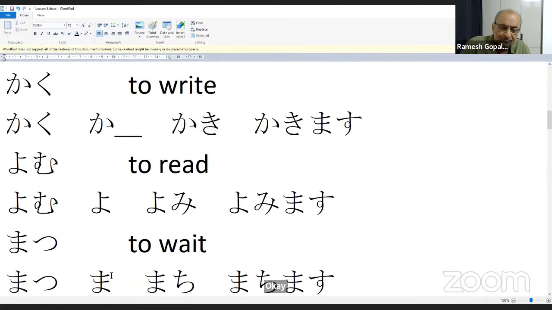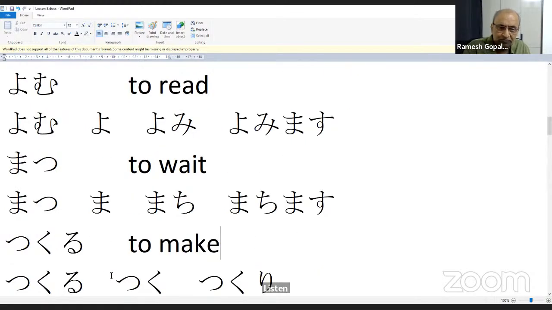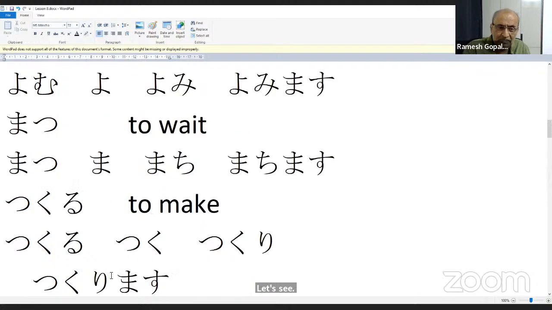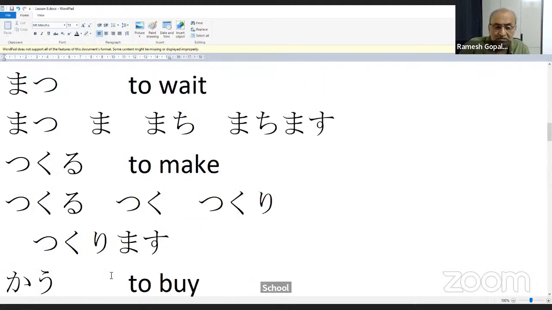Matsu, to wait. Tsukuru, to make. Kau, to buy. Please write.